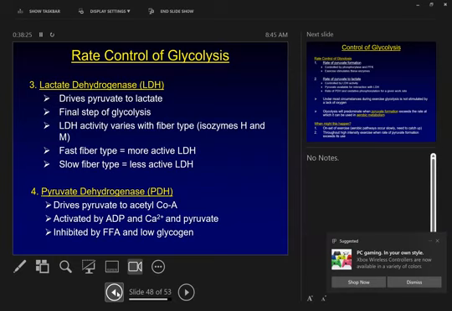So we are using our first two enzymes to control how much glucose gets in and moves through to pyruvate, and then we use these two enzymes. We want PDH to be the one that the pyruvate comes into contact with. So that's how we control glycolysis.